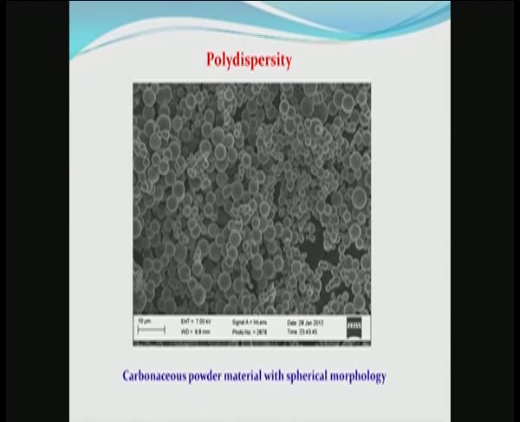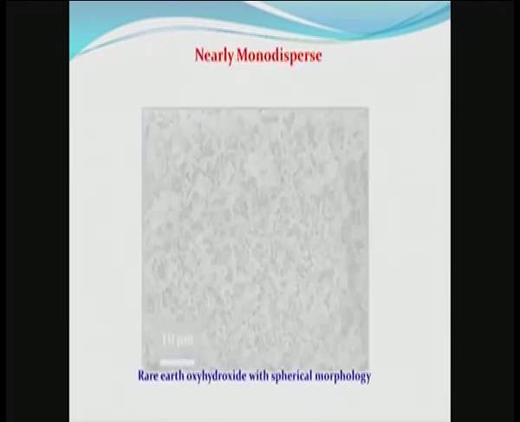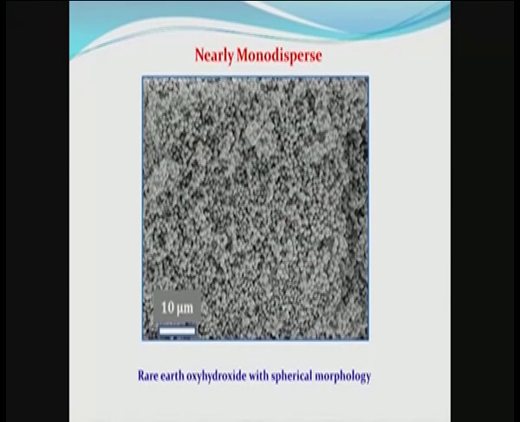Contrast that with a nearly monodispersed sample. It turns out that this is a rare earth hydroxide with a spherical morphology, and what you can see here is a relatively narrow distribution of the diameters of these spheres. So, you have a nearly monodispersed sample.